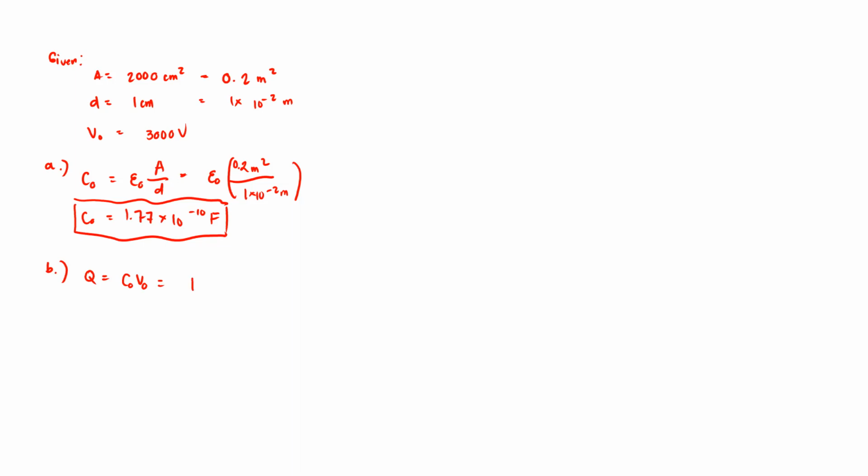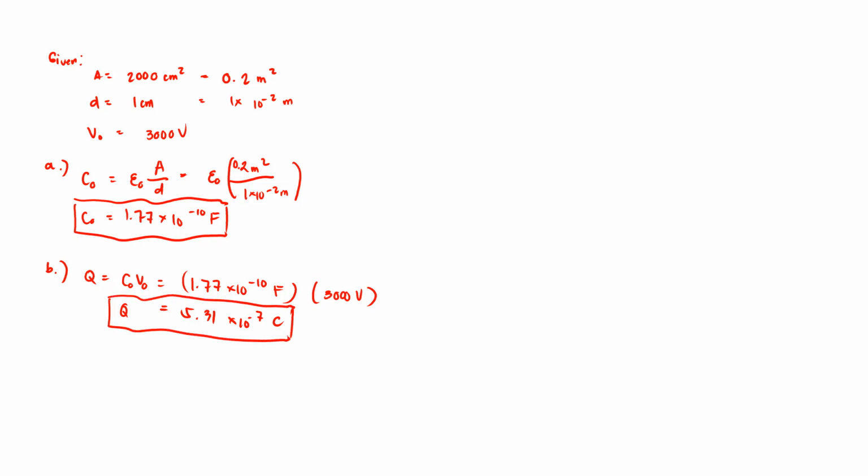Our C naught is 1.77 times 10 to the minus 10 farad, multiplied by V naught, which is 3000 volts. So we get Q naught equals 5.31 times 10 to the minus 7 coulomb. So this is your Q, the charge on each plate, before the dielectric is inserted.